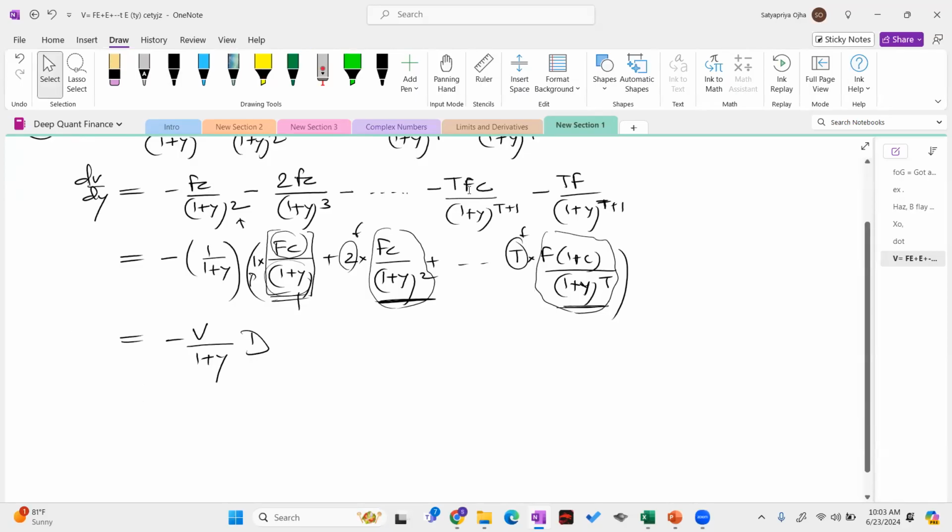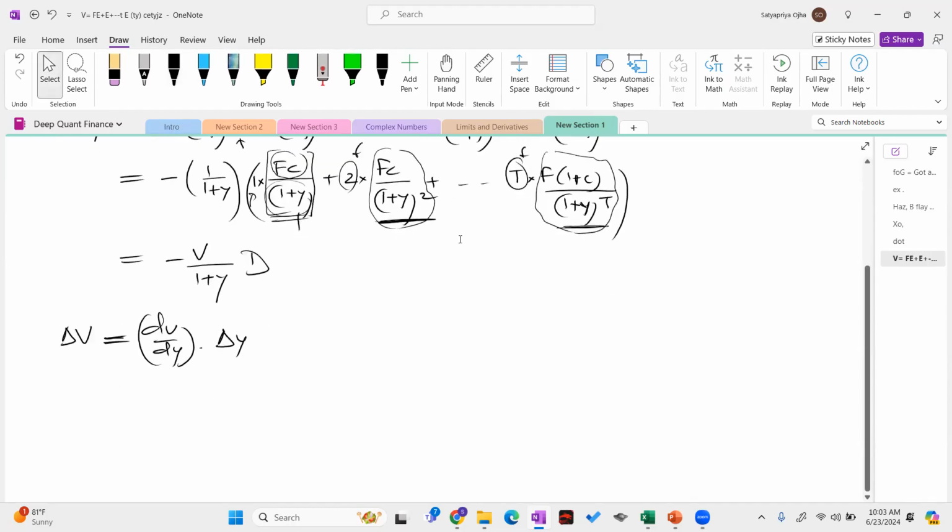Okay. Now I write the Taylor series expansion. Delta V is the first order derivative times the change in yield. Please do justice to D and delta when you write this expression. Okay. That is important. There is no second order. In the question, I have said specifically to approximate till the first order. So this is the first order approximation.